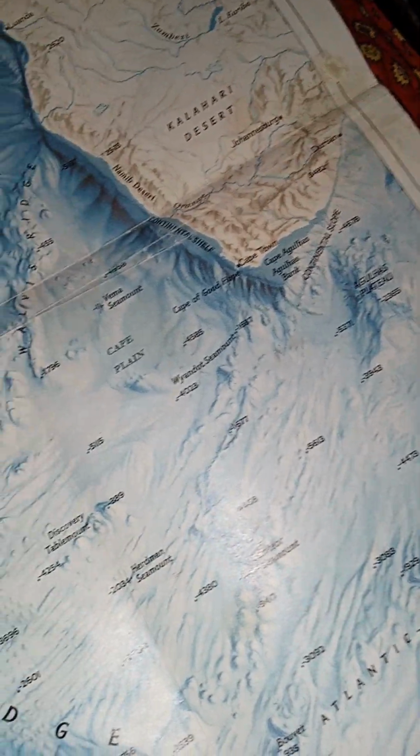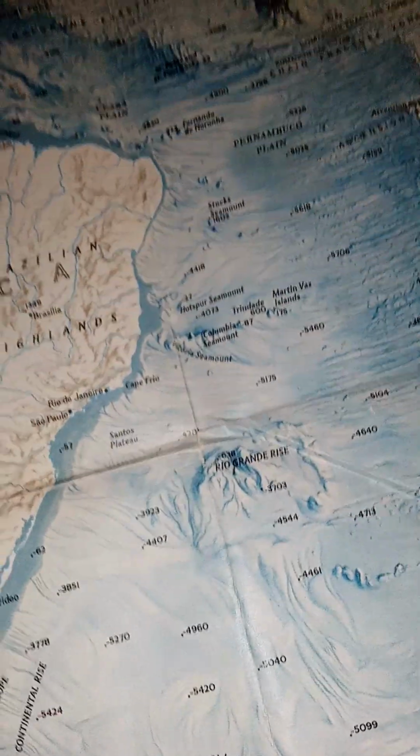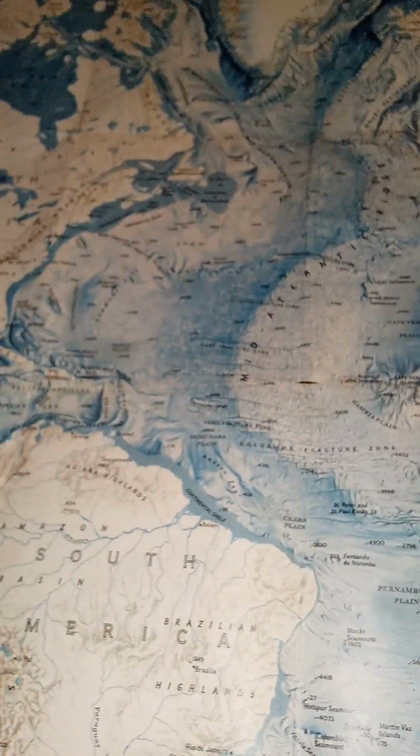Over here, we've got the Atlantic Ocean with a lot of the deep water. You've got the Mid-Atlantic Ridge, Europe on one side, Americas on the other.